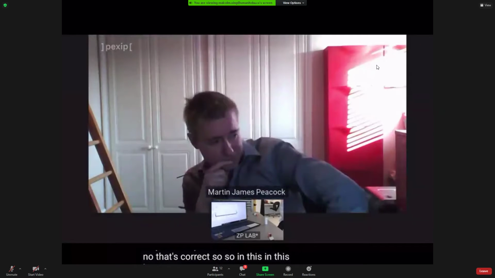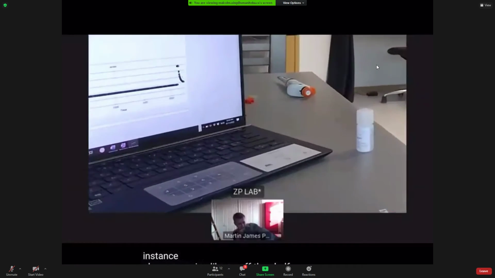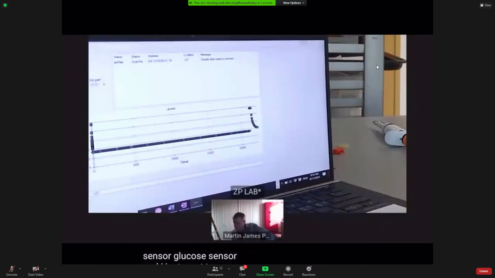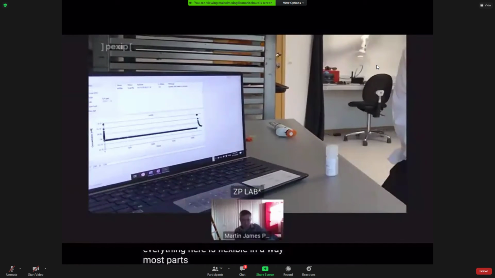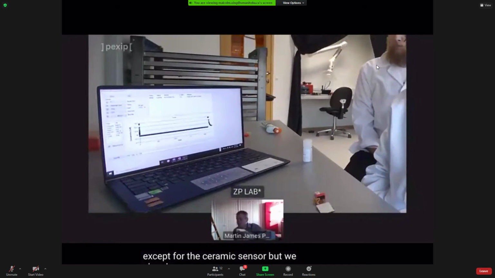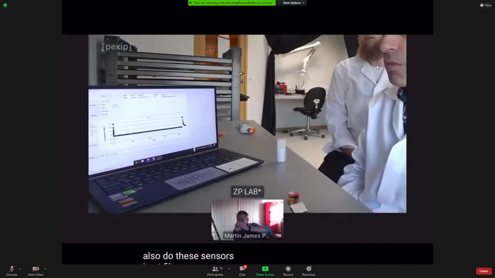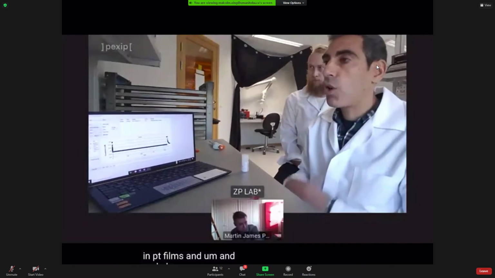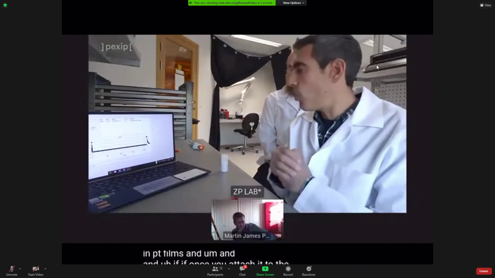In this instance, we are using an off-the-shelf glucose sensor, and I just want to mention as well, we are doing a bench top, but everything here is flexible in a way. Most parts, except for the ceramic sensor, but we also do these sensors in PET films.